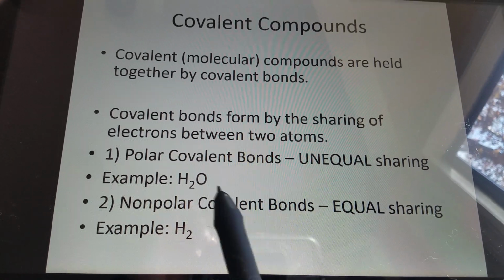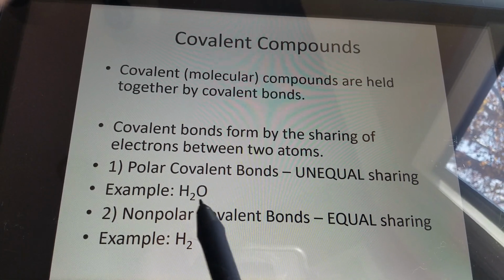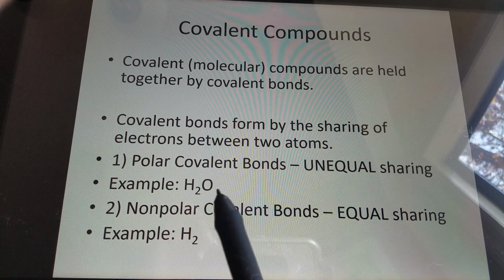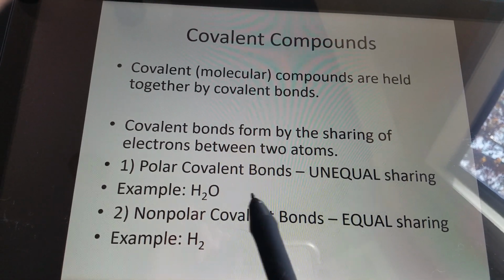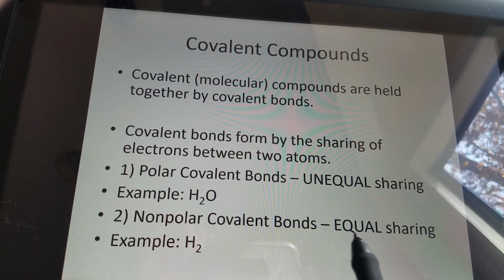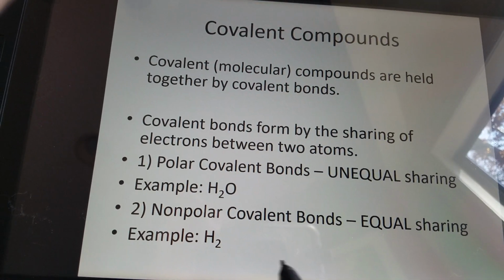If you have unequal sharing, that means you have two different kinds of elements. So one element, the bigger element of the two, in this case oxygen, will hold those electrons more than the hydrogen gets to. So therefore, it's an unequal sharing. For a nonpolar covalent bond, you have equal sharing and you have to have like elements.